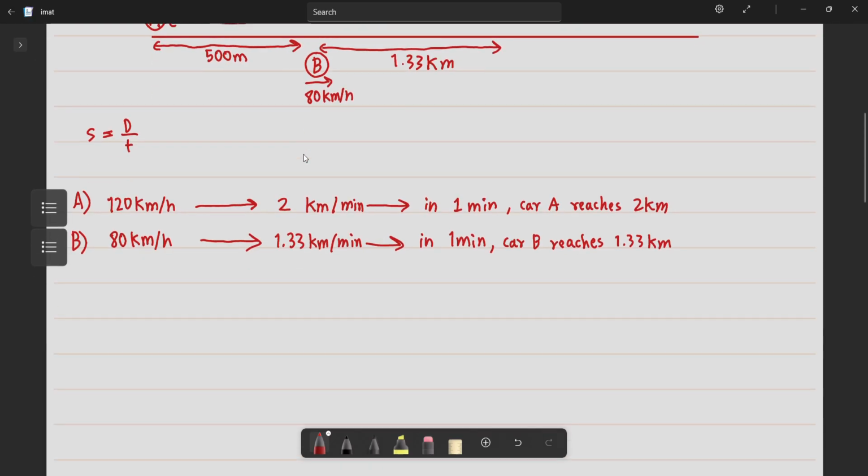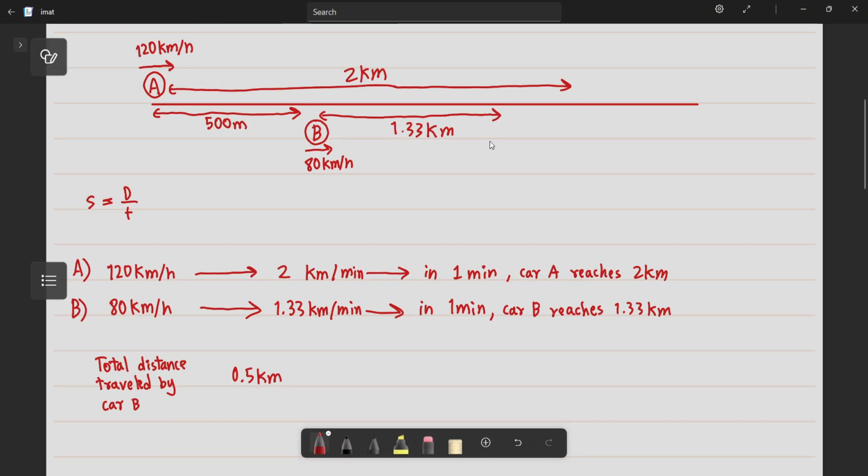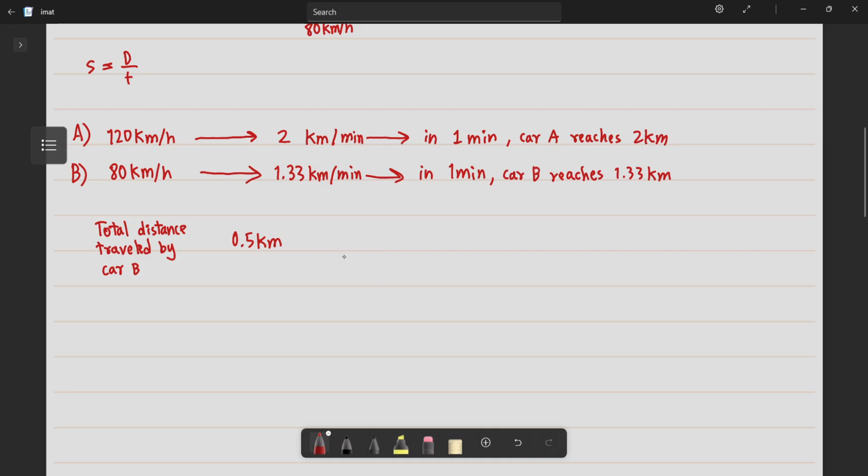Okay, so now the total distance traveled by B is 500 meters plus this 1.33 kilometers. So we're going to convert that into 0.5 kilometers. So this is the total distance traveled by car B. This will give us 0.5 kilometer plus 1.33 kilometer, and so this will give us 1.83 kilometers.